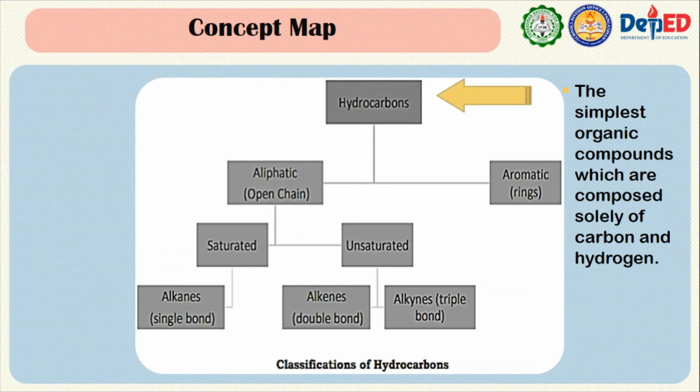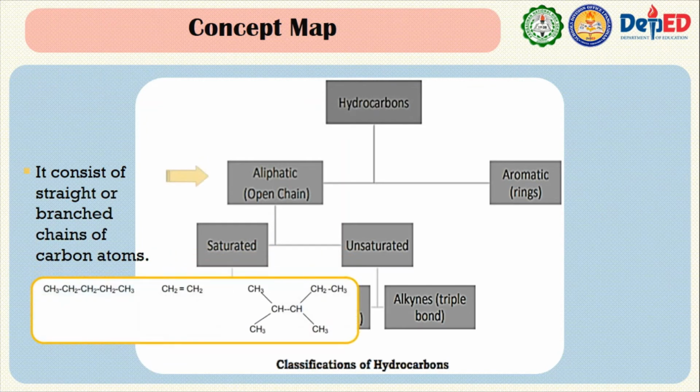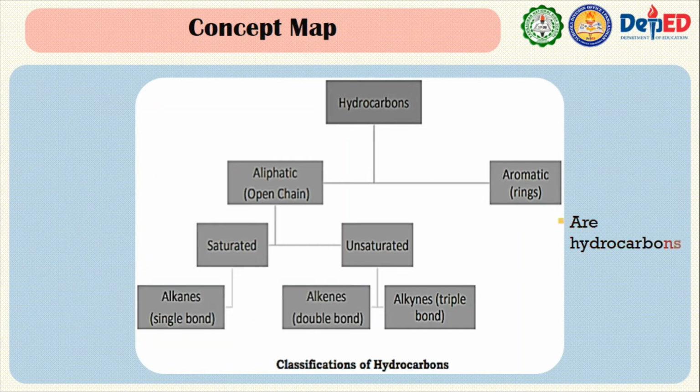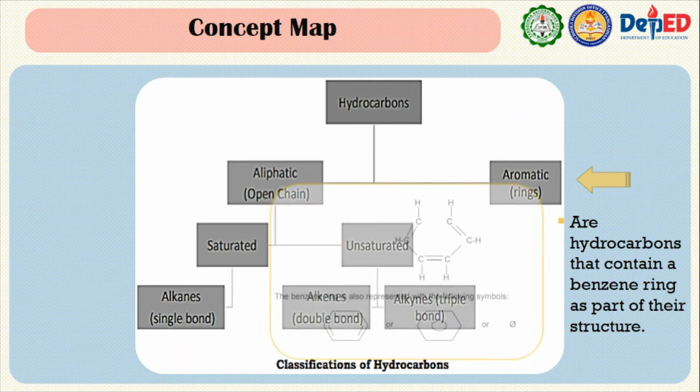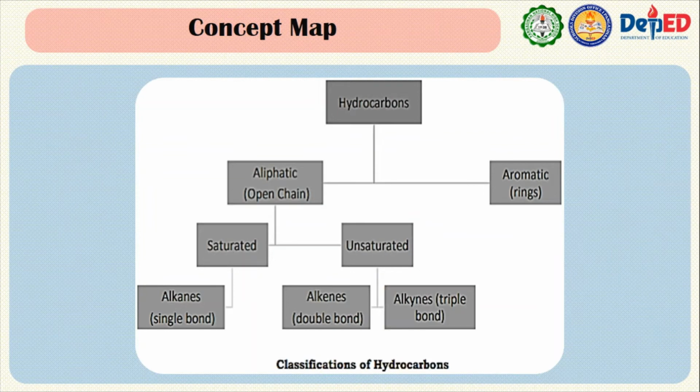Hydrocarbons are divided into two: the aliphatic hydrocarbons and aromatic hydrocarbons. The aliphatic hydrocarbons consist of straight or branched chains of carbon atoms, while aromatic hydrocarbons contain a benzene ring as part of their structure. We can subdivide aliphatic hydrocarbons into two groups based on the types of bonds.